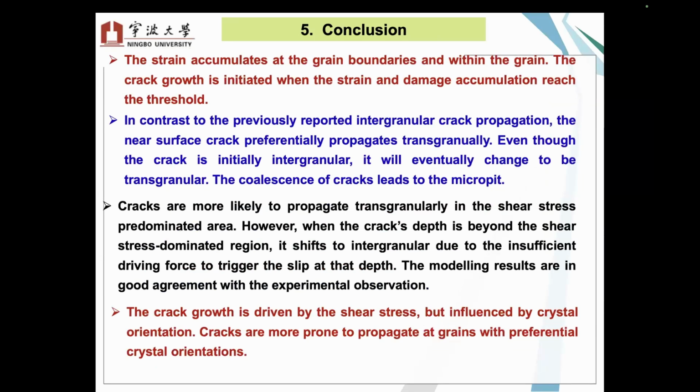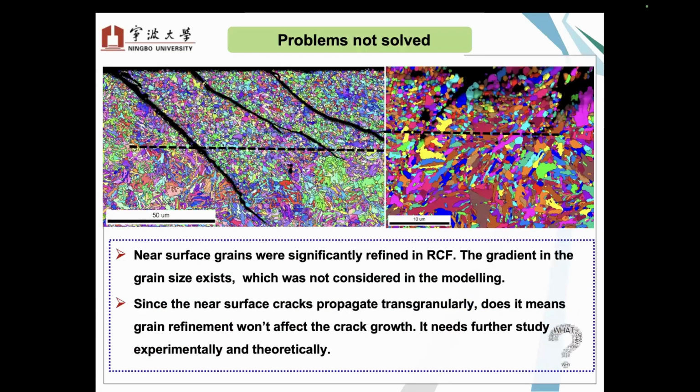Here is the conclusion. I'm not going into detail, but during the simulation we are still quite confused, since the near-surface grains are significantly refined in RCF because there is quite large plastic deformation near the surface. But in this model, we didn't consider the gradient in grain size.